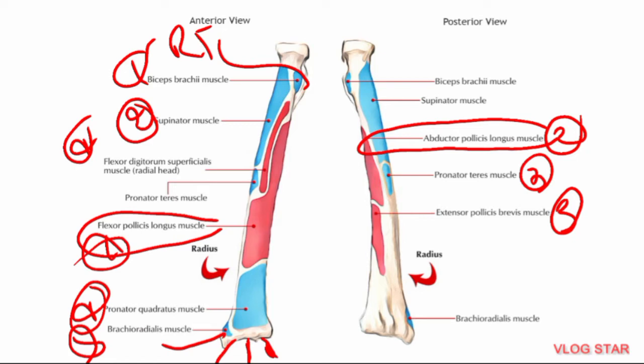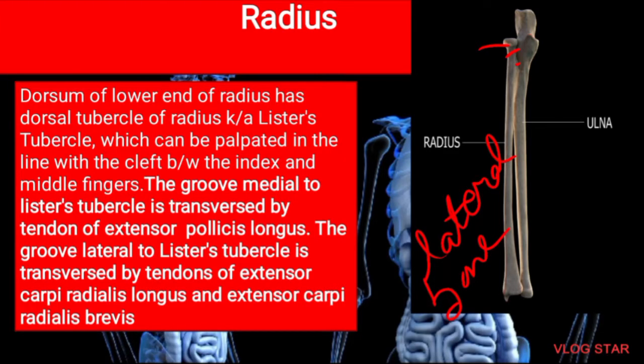Now the dorsum of the lower end of the radius has the dorsal tubercle of radius, Lister's tubercle, which can be palpated in line with the cleft between the index finger and middle finger. The groove medial to Lister's tubercle is traversed by the tendon of extensor pollicis longus.